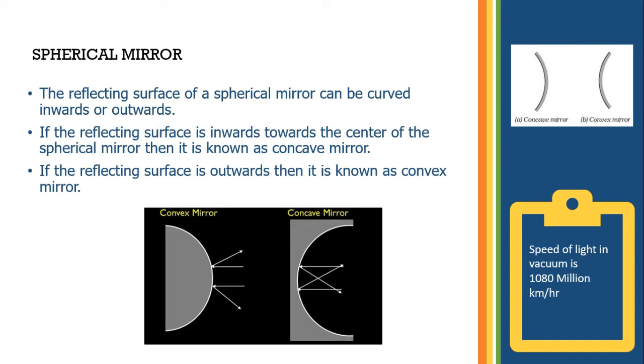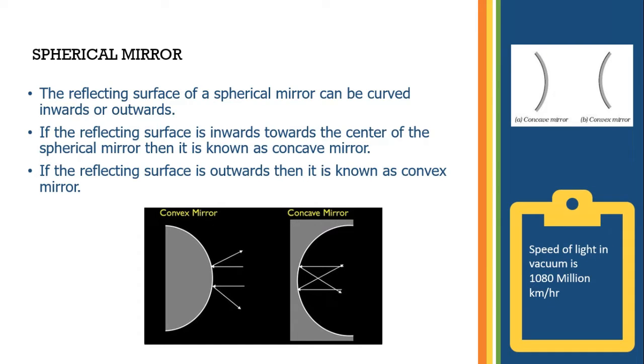If the reflecting surface is inwards, then it is known as a concave mirror. So we can say that the front side of a spoon is a concave mirror. And if the reflecting surface is outwards, then it is known as a convex mirror. So we can say that the back side of a spoon is a convex mirror.